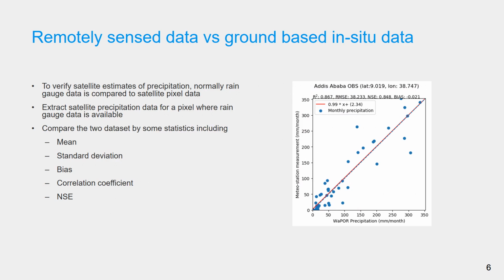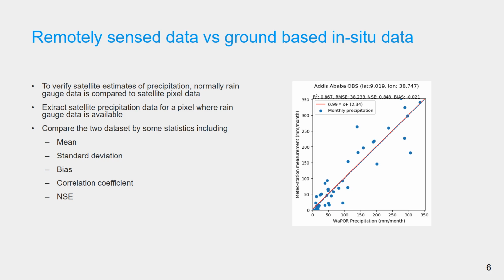Although rain gauge data are certainly not without error, they are often taken as ground truth and used to validate other methods of estimating the amount of precipitation that fell over a specific region.